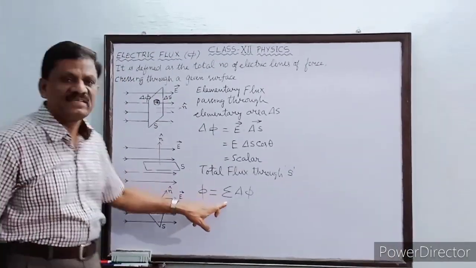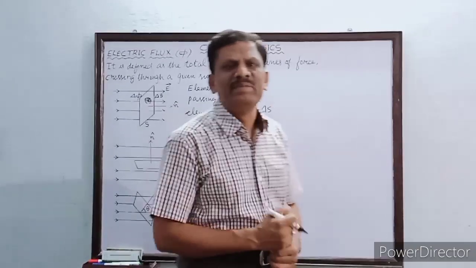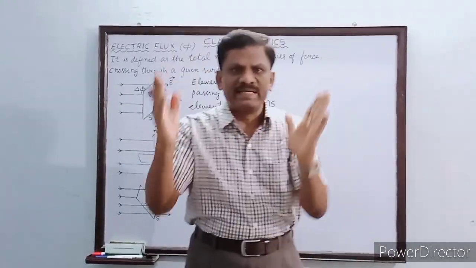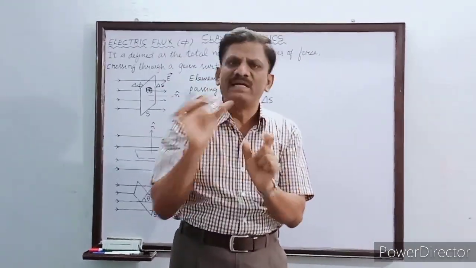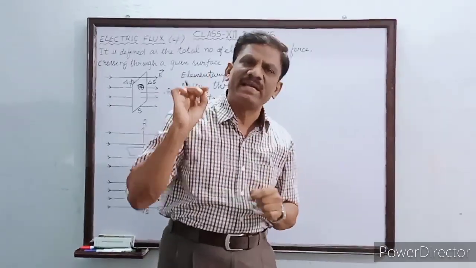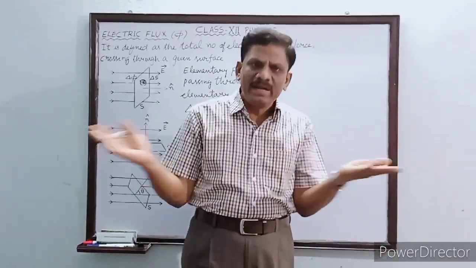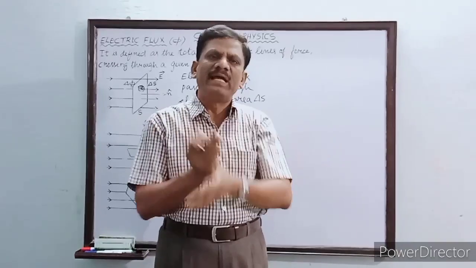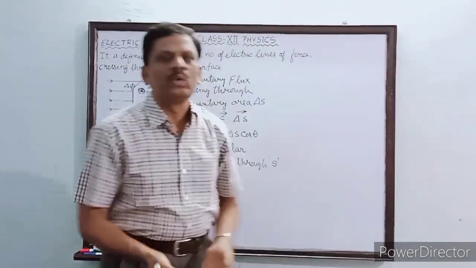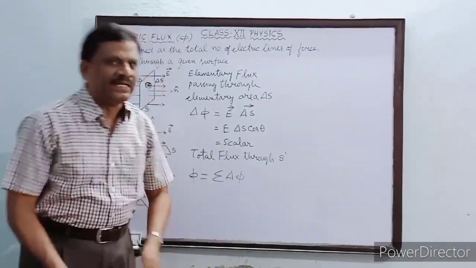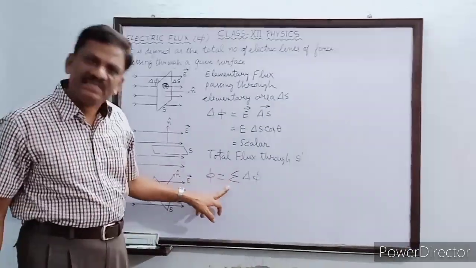The symbol is sigma. Sigma delta phi means you have to divide the entire area into small elements. Through each element you find how much electric flux is passing, and you add all the flux passing through all the elements. Then you will get the total flux passing through the entire area. That is the meaning of the word sigma.